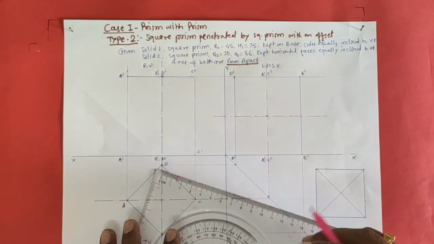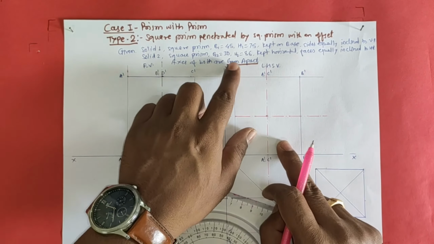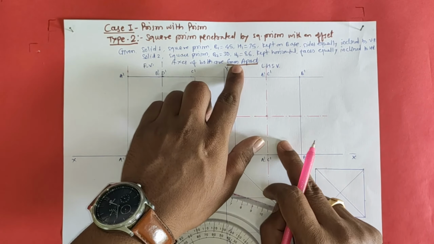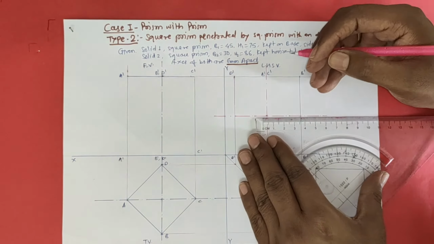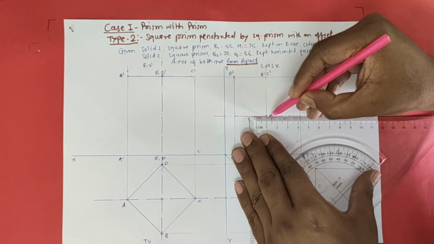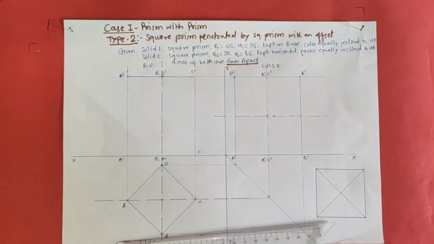Okay, this is center line. Now see, we have given axis offset of 6 mm. So I will mark 6 mm here on this center line. So it comes 5 and 6 here, offset comes here.